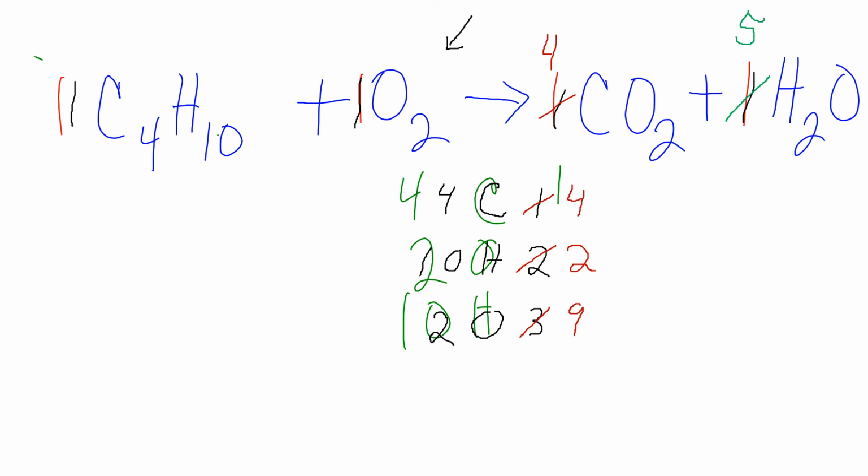So I said I wanted to change everything. I'm going to want to retally everything, right? So even though my carbons didn't change, I mark it out anyway. 4 times 1, so 4 carbons. Hydrogens. 5 times 2, 10 hydrogens. Okay. Then let's see now oxygens. I got 4 times 2, that is 8.